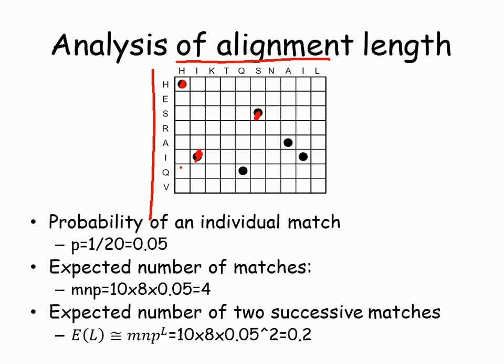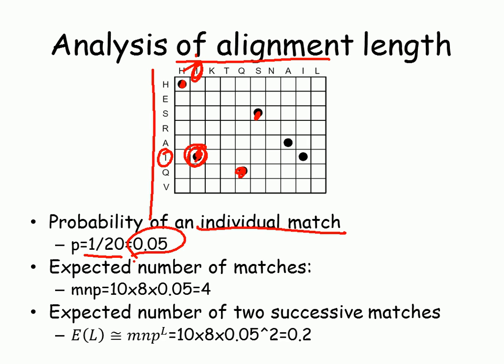So the probability of finding an individual match is 1 over 20. So you already have an I here. The probability of the other one being an I is 1 over 20. So the probability of any of these cells having a black dot is 1 over 20. Make sense? Okay.